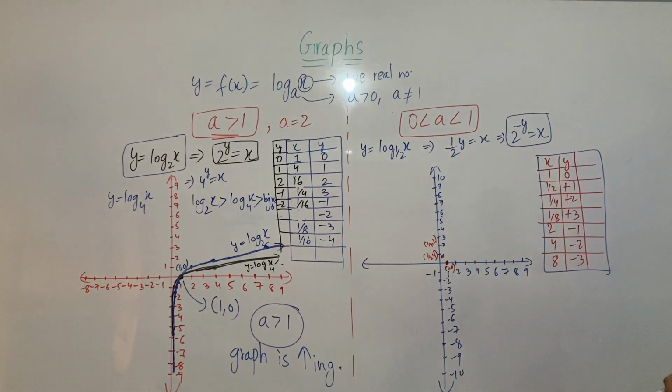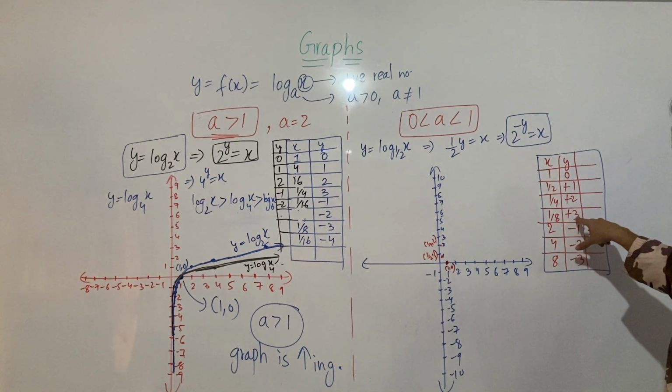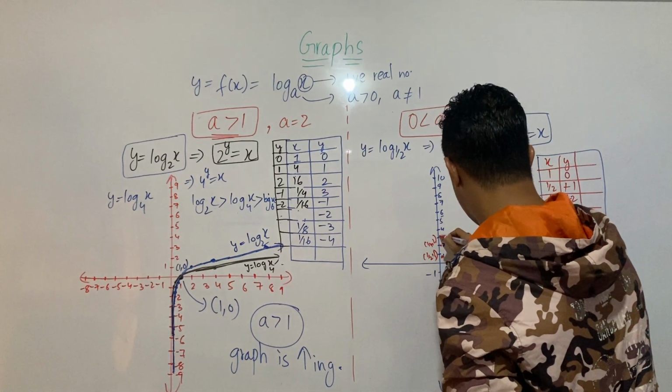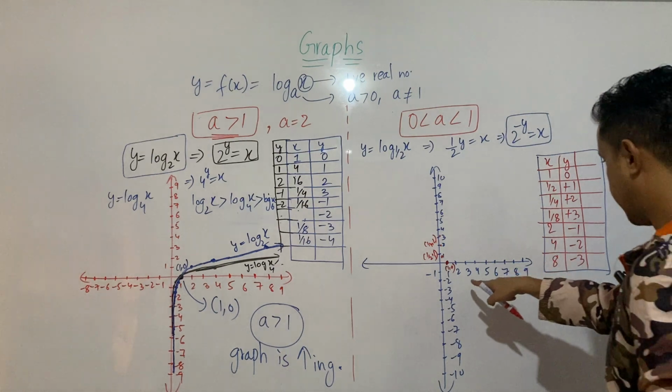Now come to this side, greater than 1. Here y is 3, x is 1 by 8, which is going to be this. Then x is 2, y is minus 1.